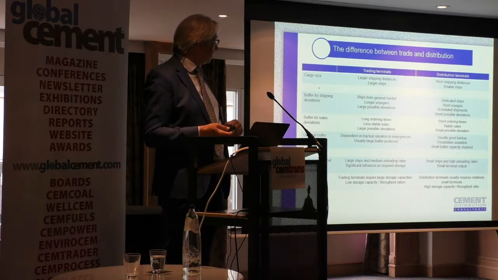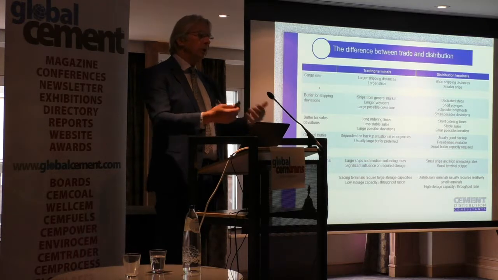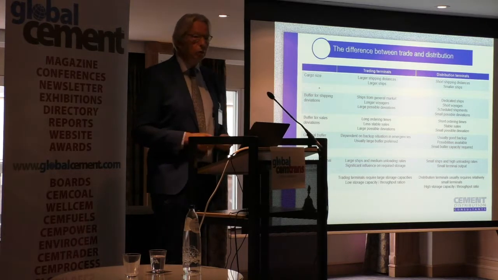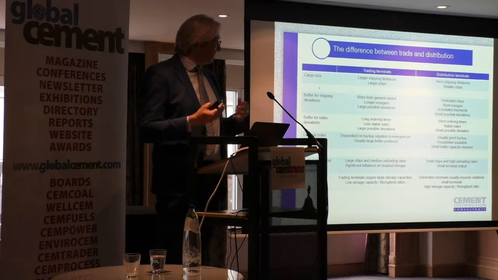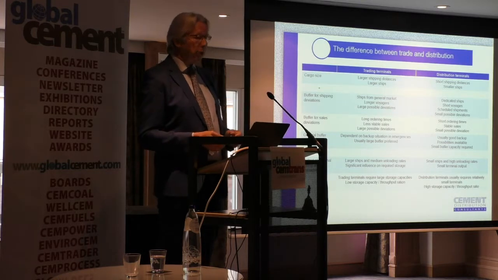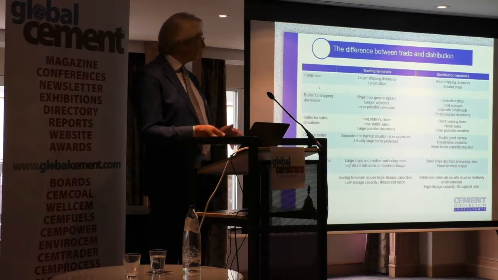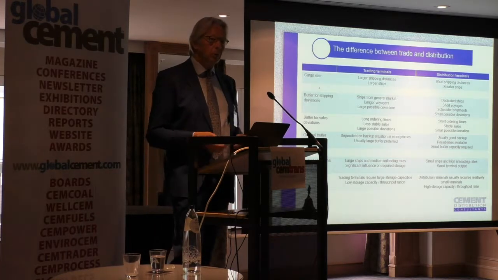You've got a high storage capacity to throughput ratio. That means you can invest more money into your facility, and that means that, for example, you will go to silos, and for the trade terminals you would prefer flat storage or domes.